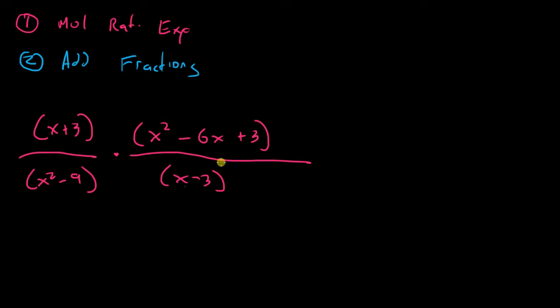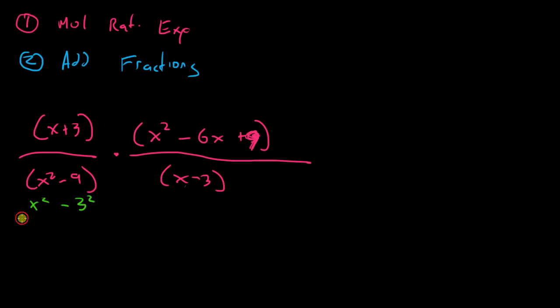So a first thing we could do is factor. By the way, I want to change this question. I wrote it wrong. I meant to say that that was a 9, not a 3. My bad. Okay, so let's do this. X plus 3 is already factored. Good for us. X squared minus 9 is of the form x squared minus 3 squared. 9 is 3 squared.